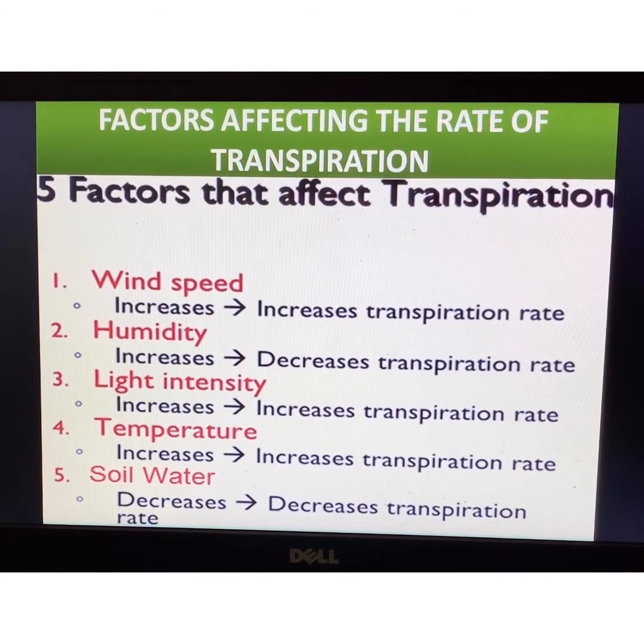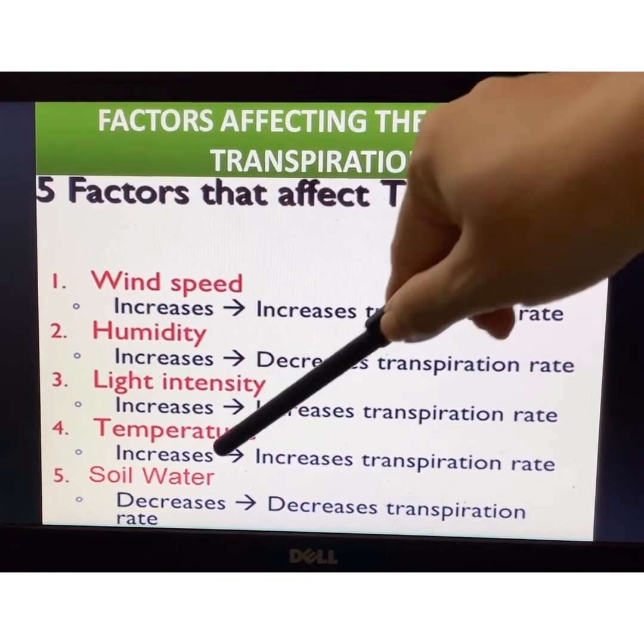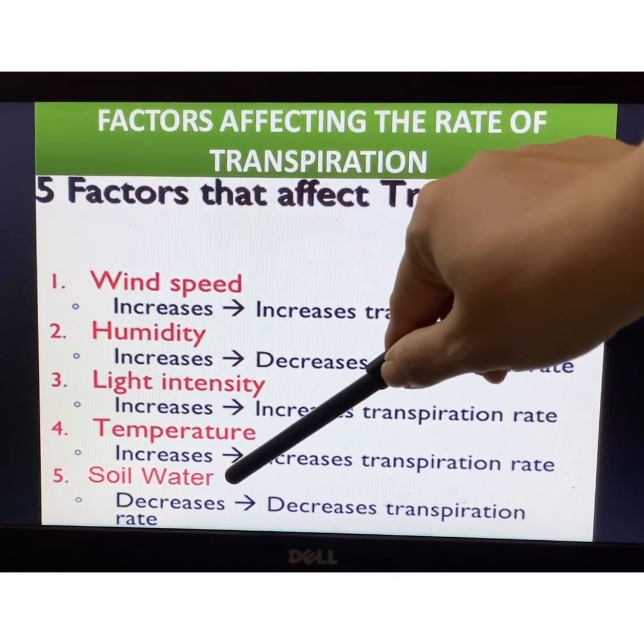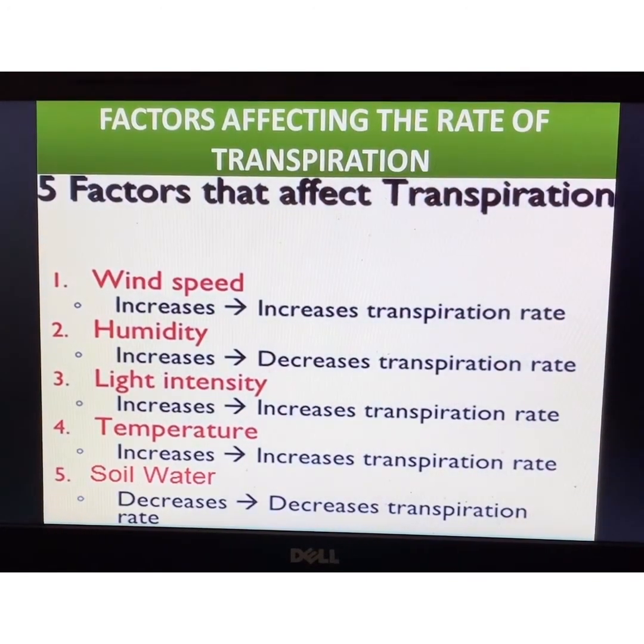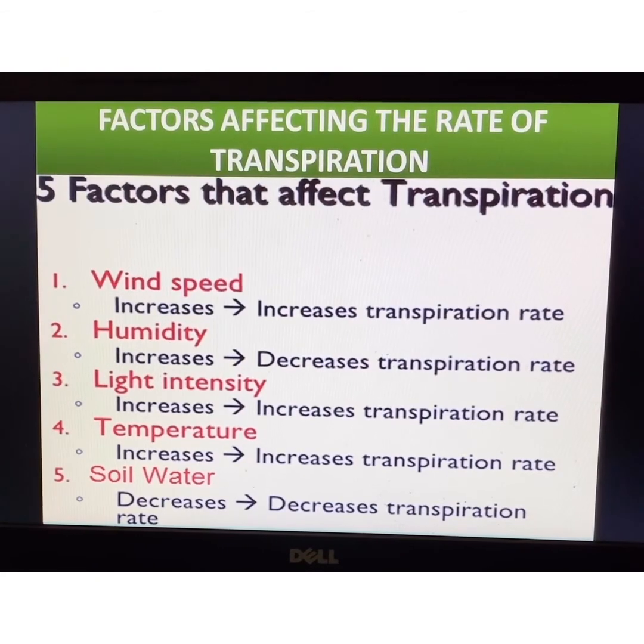It is a little complicated to understand at this level because you are not aware of the internal factors. This external factor is actually related to an internal factor as well. I'll give you a very simple explanation.